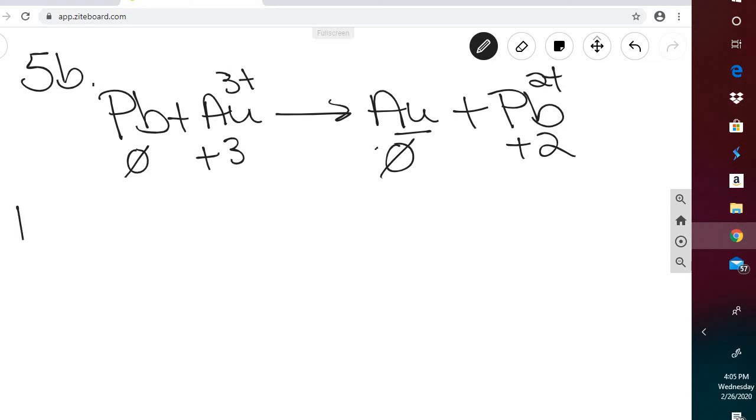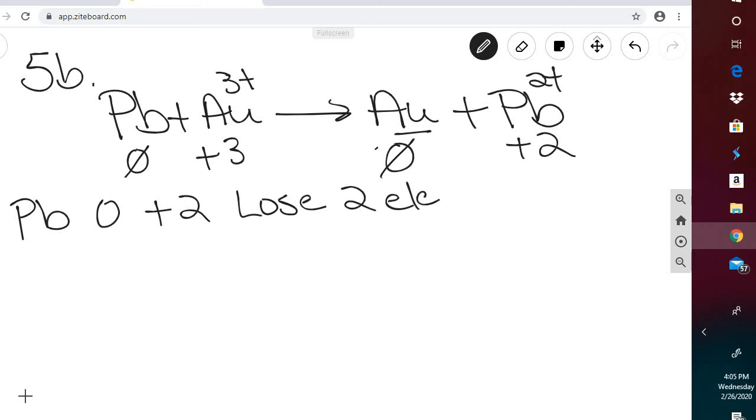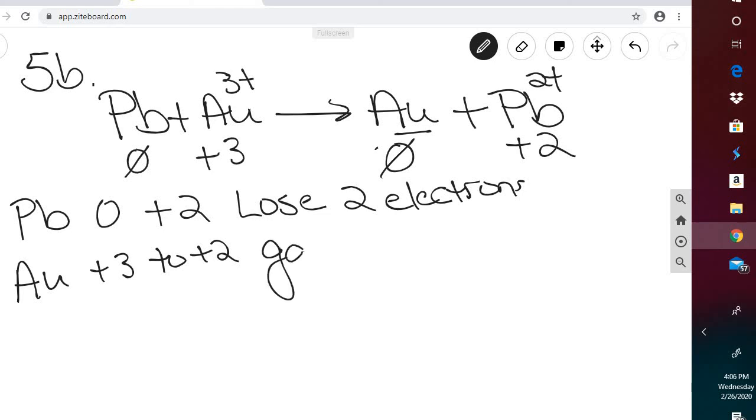So the lead went from 0 to +2. In order to do that, it had to lose 2 electrons. And the gold went from +3 to +2, so that means it had to gain 1 electron.